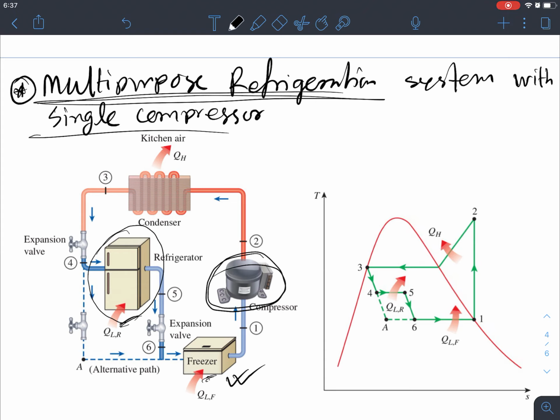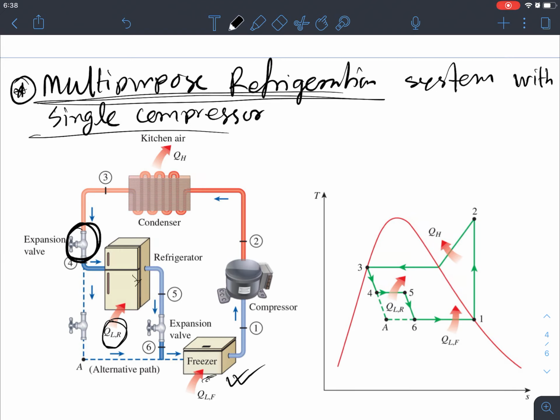So if we take a look at this one, the key difference in this cycle, or key component I would say, is the expansion valve, right? Why? After this condenser, we are expanding that gas to drop the temperature and pressure, basically creating the cooling effect by absorbing heat in this refrigerator unit, right?